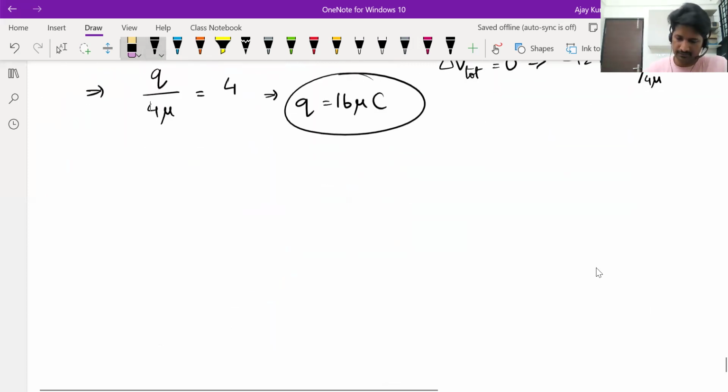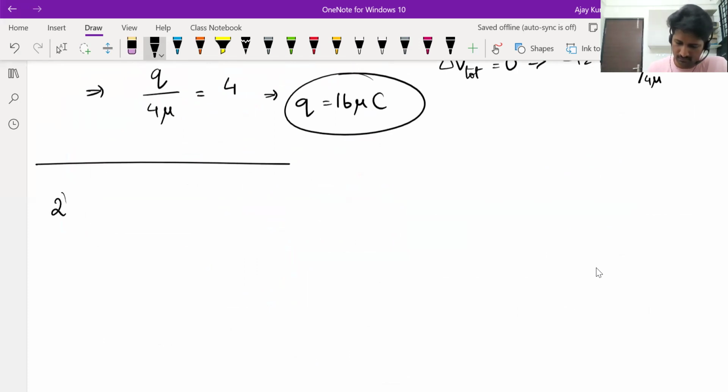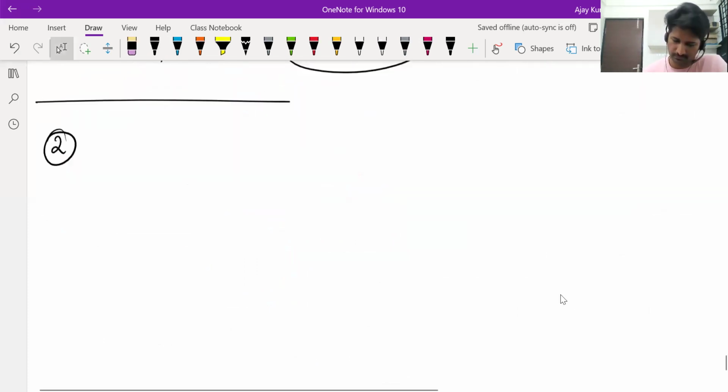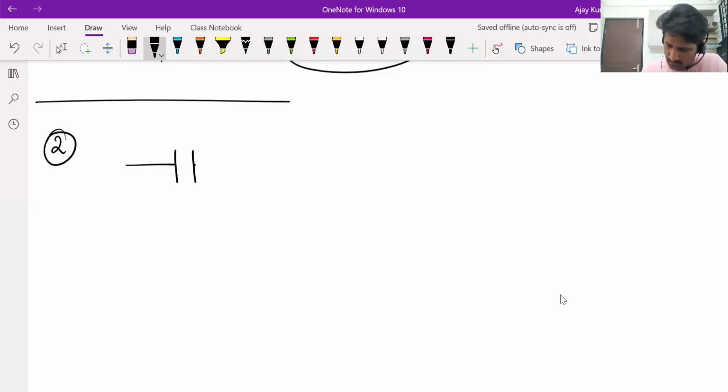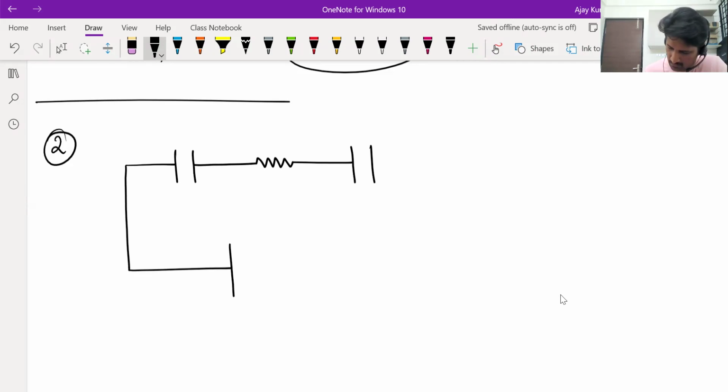Let's try one more case. Two capacitors, resistor, and a battery.